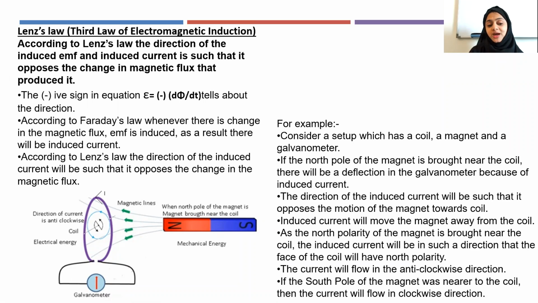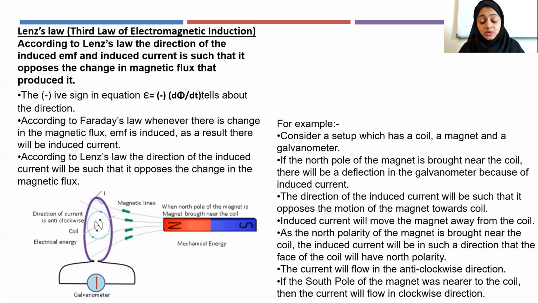So what should be the direction of current? Clockwise. That is it. If you are moving the bar magnet into the coil and the current is flowing anti-clockwise, if you are taking it away, the current will flow in the opposite direction, that is clockwise.